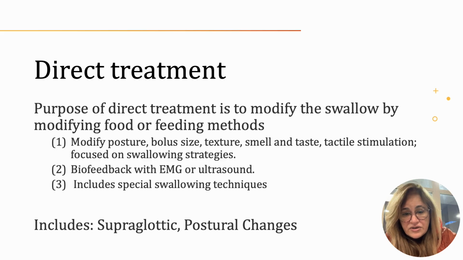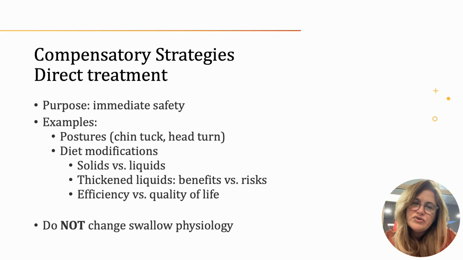We can even use EMG and ultrasound for direct treatment, so they can see how everything is happening. So we can use some of our swallowing strategies, like supraglottic, and postural changes like chin down, chin tuck, head turn, head tilt, as needed. Always remember, when you're doing the assessment, you will use them.